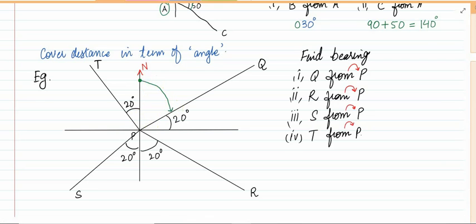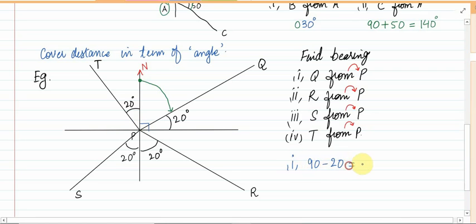Now we know that this angle is 90, so we need to subtract 20 from 90. So for the first part, the working will be 90 minus 20, which equals 70. But it is not our final answer, we need to add 0 at the beginning. That is our final answer, 070 degrees. Listen again.